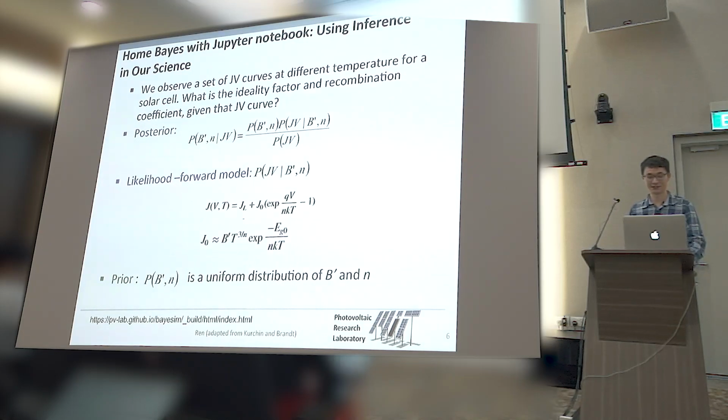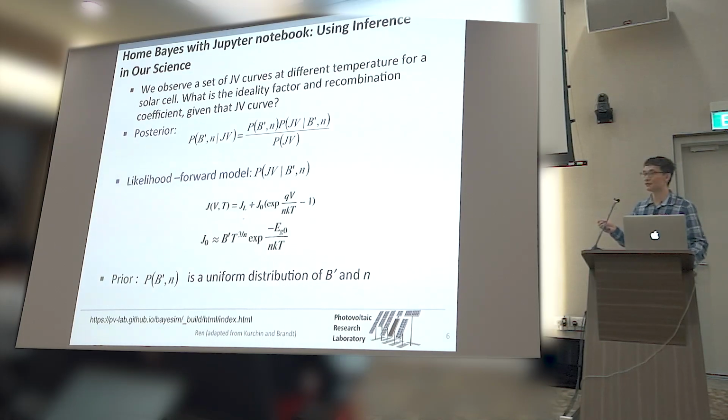for that JV curve? Again, the way we apply Bayesian inference is we write the Bayes formula first. Every time you want to do anything with Bayesian inference, you always write the Bayes formula, but you change your hypothesis and your observations to the actual thing you observe and the actual parameters you are trying to infer.